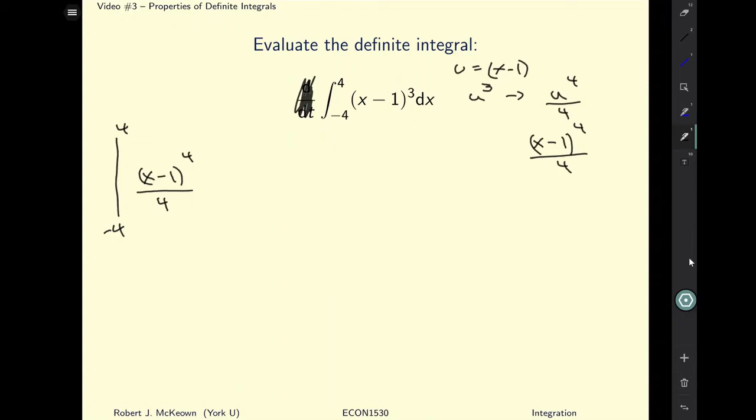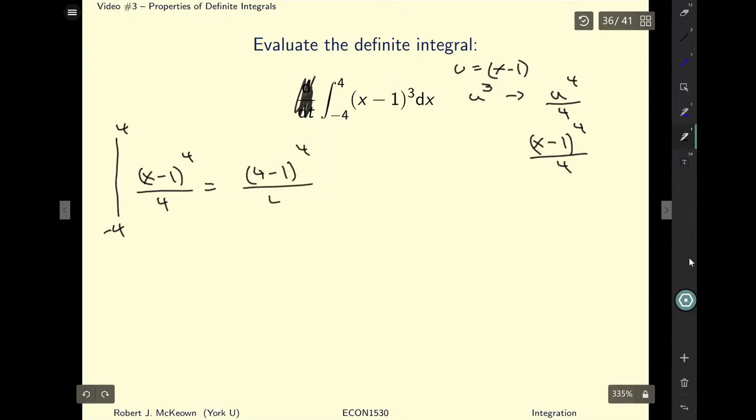Now comes the part with lots of calculation. Maybe not hard, but it's more work. So I'm going to start off by plugging in the upper limit, and I get (4 minus 1) to the power of 4 over 4, minus, now I'm going to plug in the lower limit.